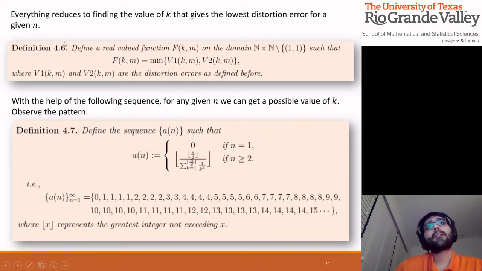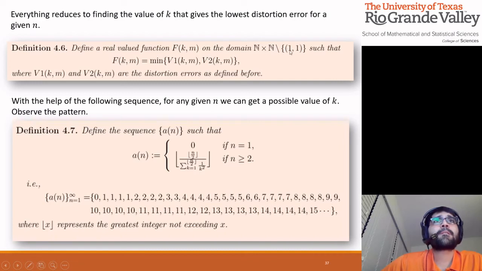So now to move with the algorithm, we're going to be defining a real value function, f of k and m, on the domain of the Cartesian product of the natural numbers.